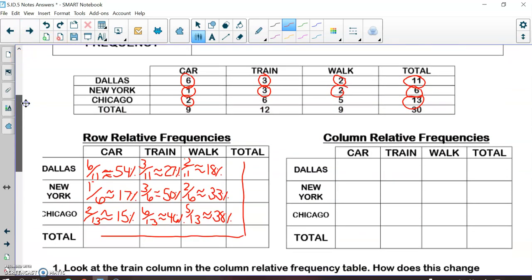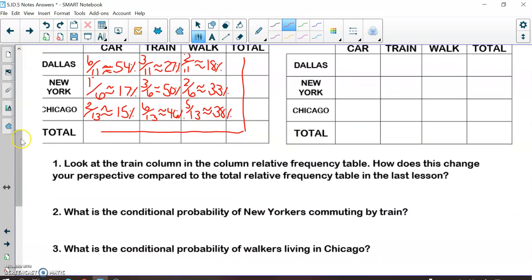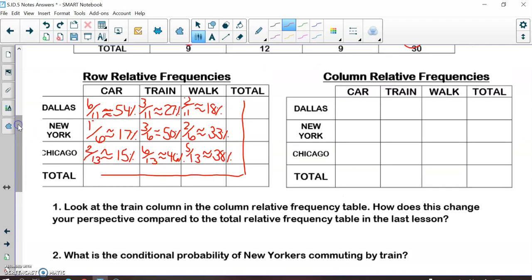However, a conditional relative frequency actually provides a more accurate description of the typical percentage of people in New York who actually ride the train and in Chicago who actually ride the train. In fact, we can see that they're about the same, they're close, but actually there's more New Yorkers that rode the train compared to the number of people in Chicago that rode the train.